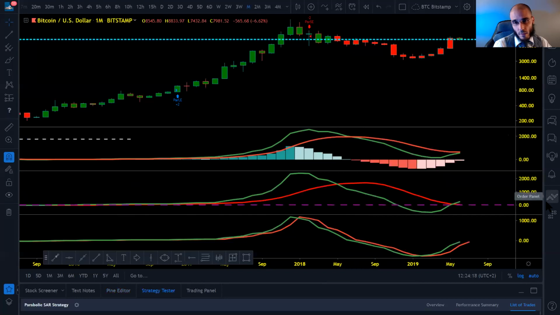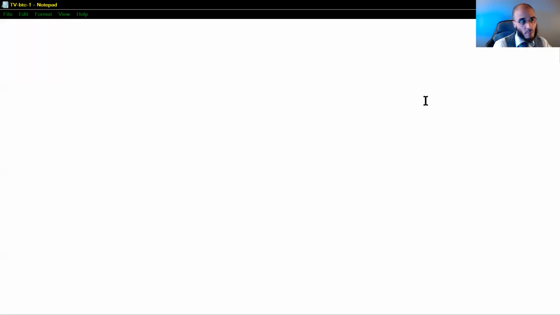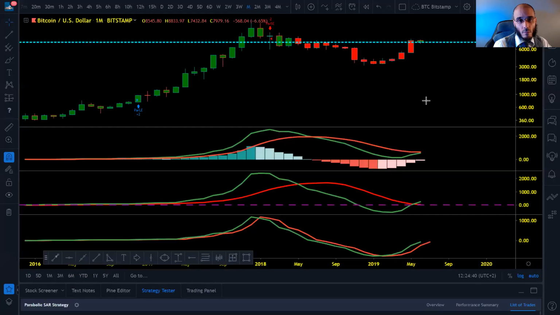Let's go to the next indicator, which is my Kaufman moving average and stochastic, simple and on balance volume. So let's start with the Kaufman moving average. I don't know why I don't see the Kaufman moving average.